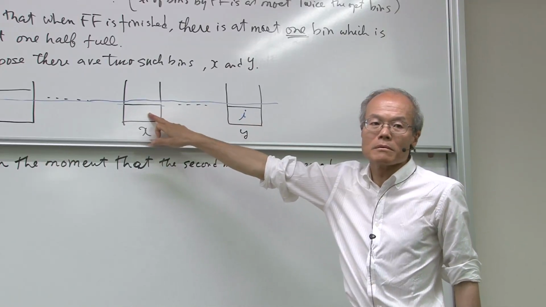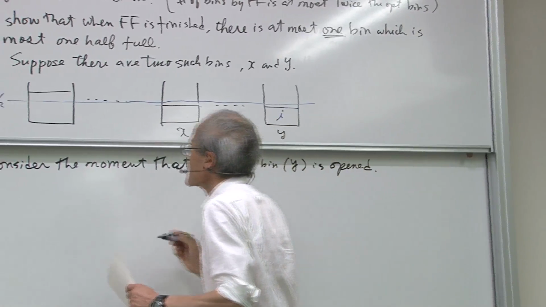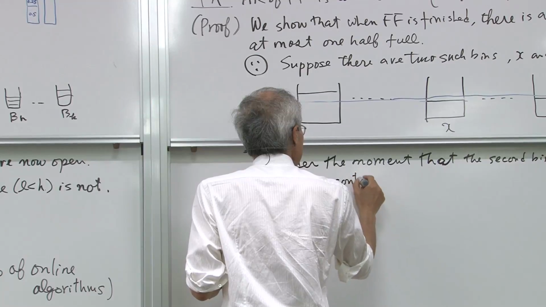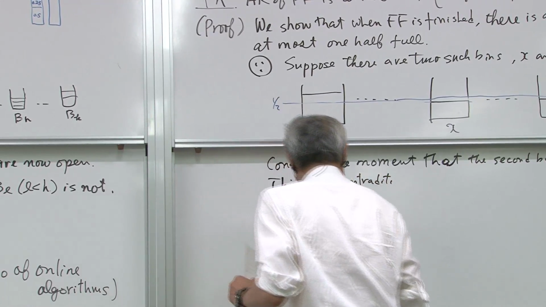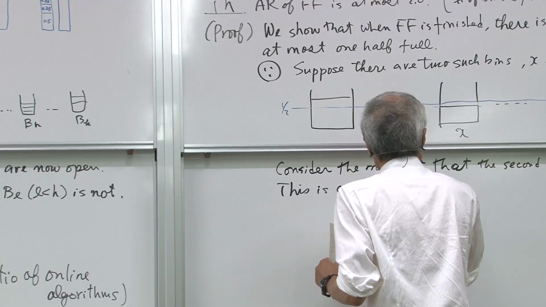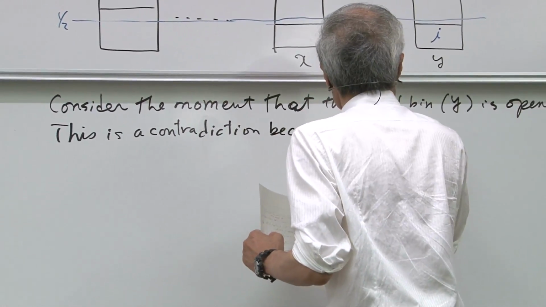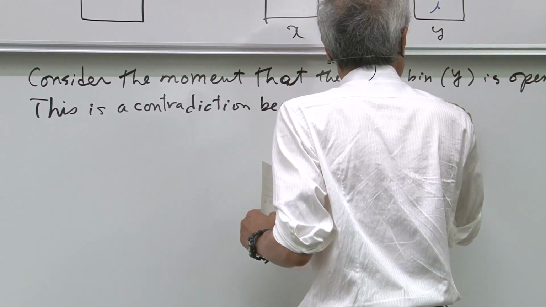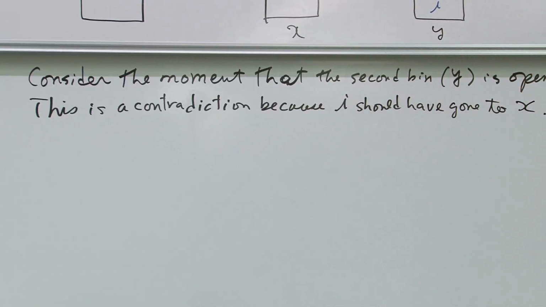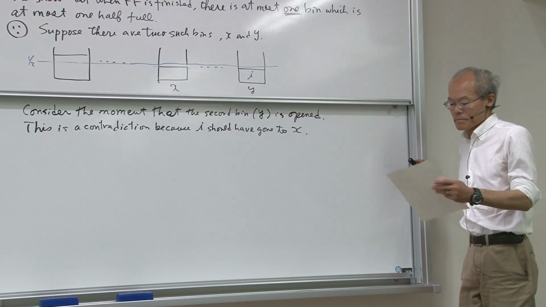This item fits in X. That is a contradiction. Item I should be put into bin X.